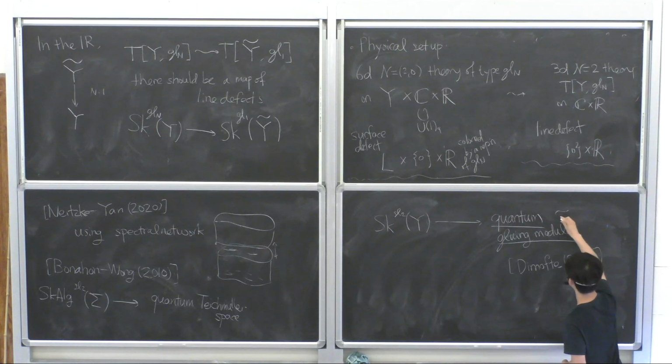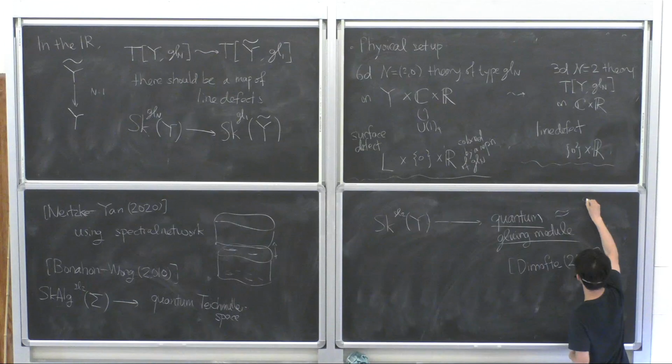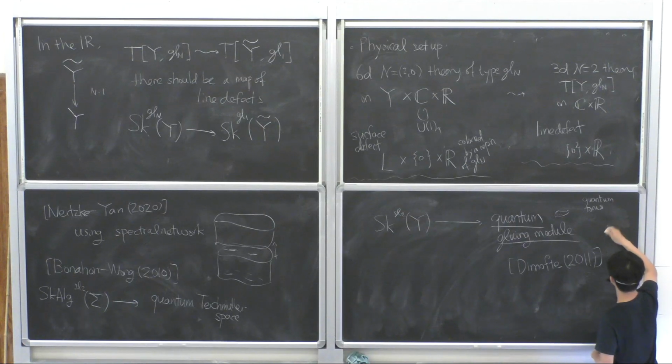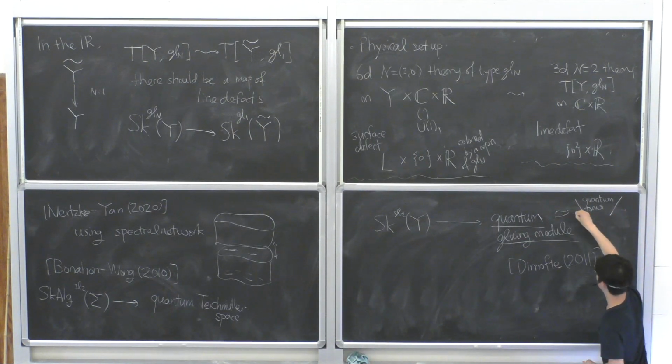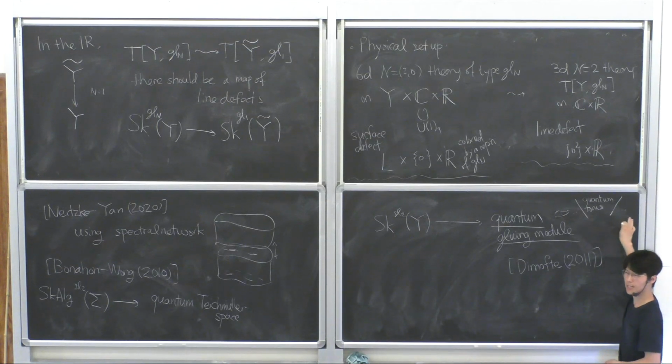For the interest of time, let me just say that the quantum gluing module is some quantum torus, and we take a left and right quotient by imposing certain relations on the left and on the right.